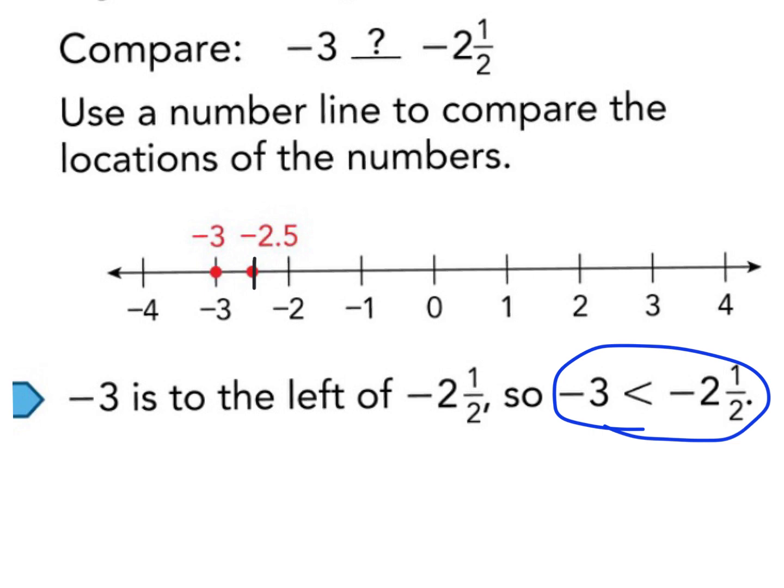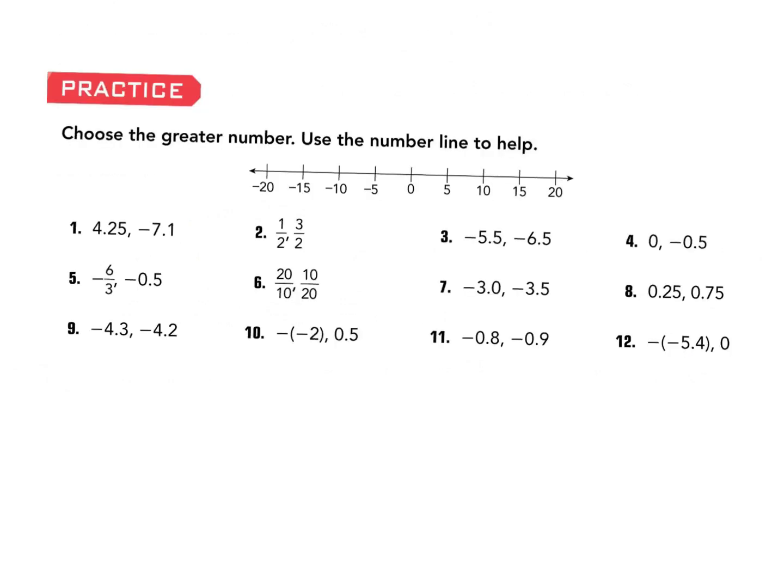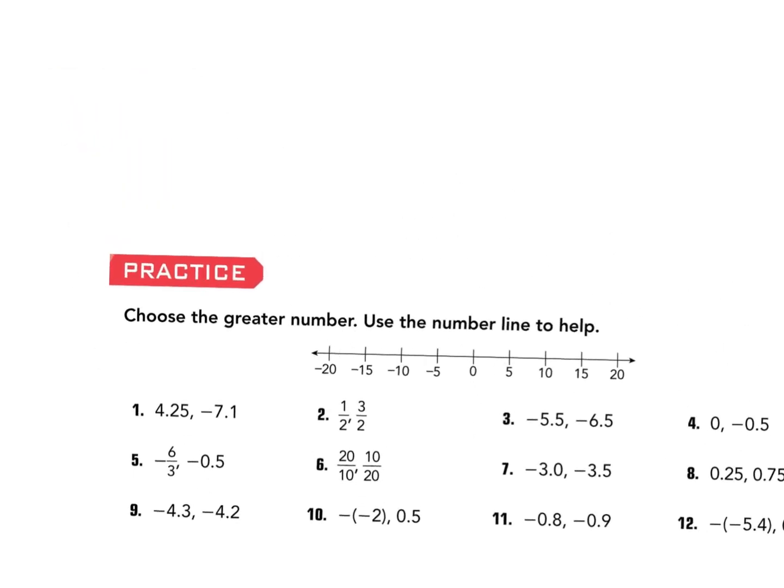You could think of negative 3 degrees as colder than negative 2.5 degrees, or if you owed $3, that means you owe more than if you owe $2.5. So if we look at a few problems here, starting with number 1, they want us to choose the greater number.